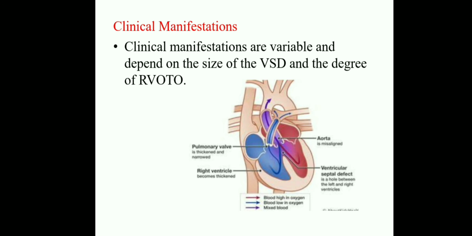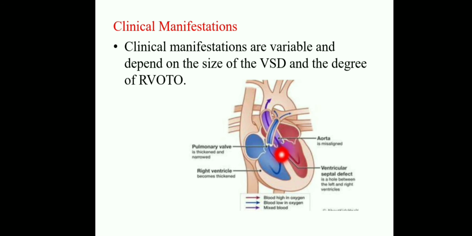All of you clear? Coming to the clinical manifestations, they are variable and depend upon the size of the VSD and the degree of right ventricular outflow tract obstruction. If the ventricular septal defect is very small, the child does not have that much cyanosis.